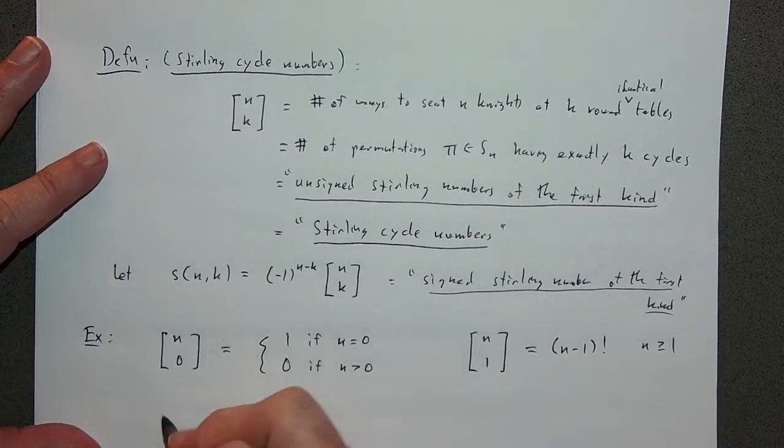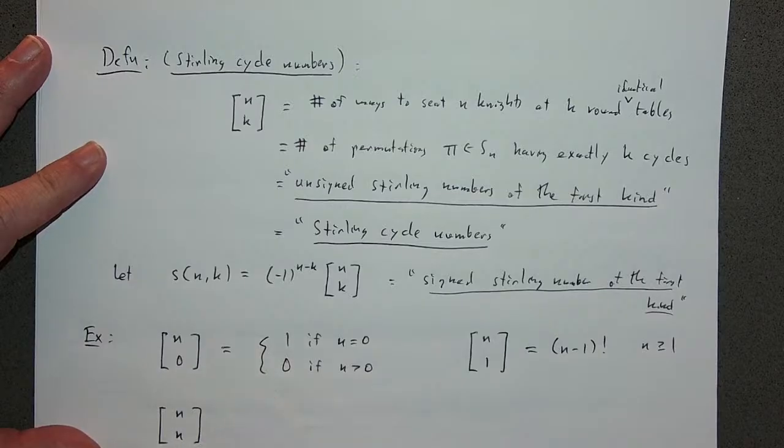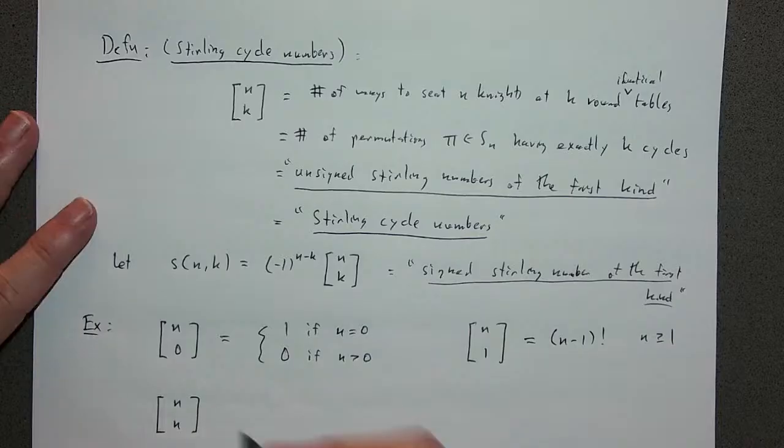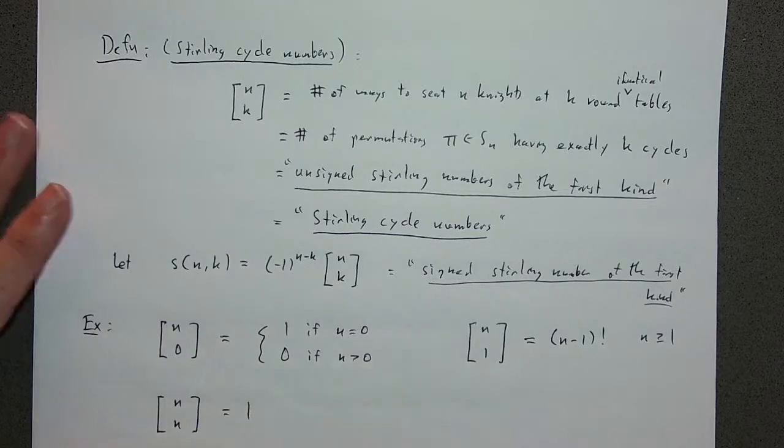What about if there are n tables? If there are n tables, then every knight would have to sit at their own table, because we can't leave any tables empty. I would not be allowed to have, say, 2 knights sharing a table in that instance, because that would leave at least 1 table empty. So this is 1.